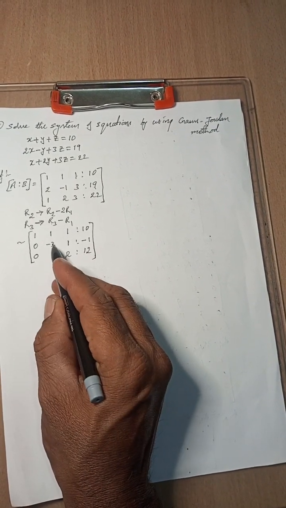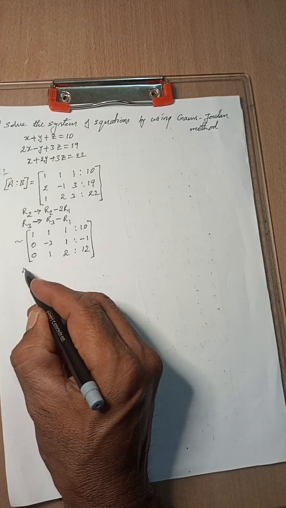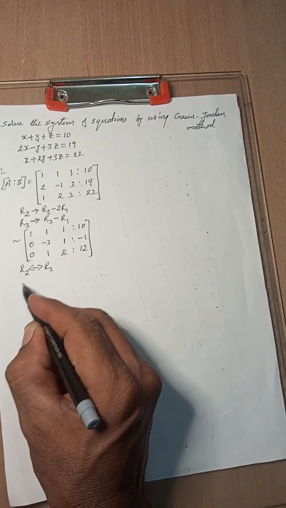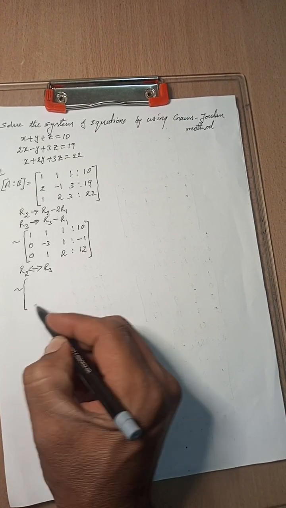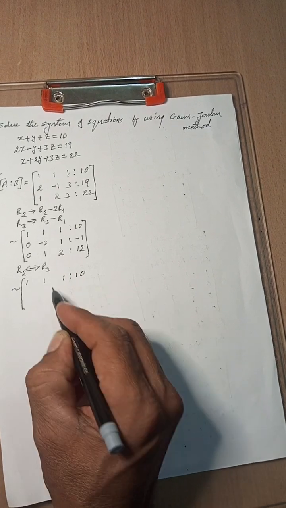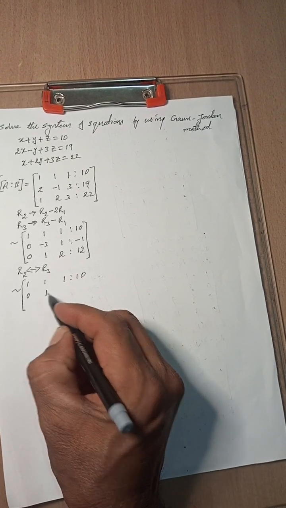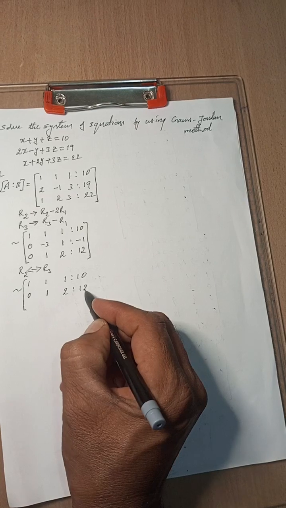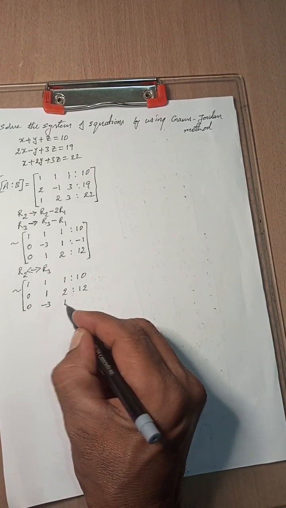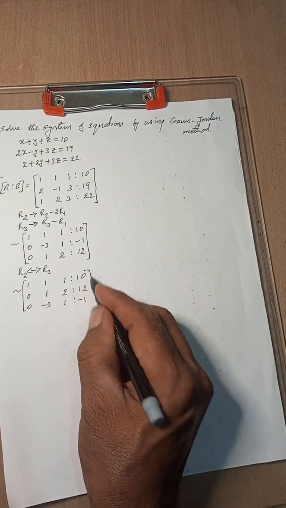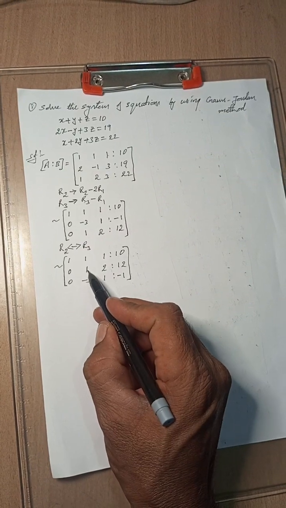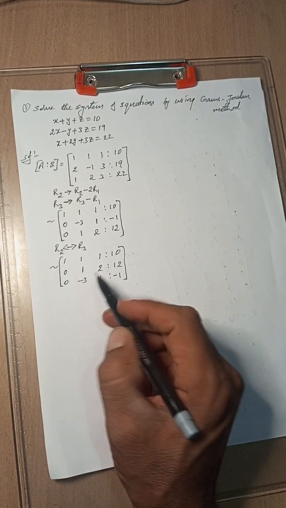Here it is easy to make this 1 by just interchanging the second and third rows. So we get the first row with no change, the second row as the old third row, and the third row as the old second row: 0, minus 3, 1 and minus 1. Doing this, it becomes easy for us to make the elements above and below this 0.